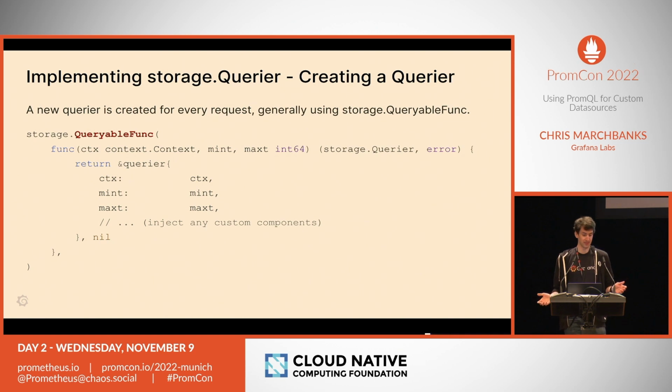So let's start with how you actually create these queriers. Something interesting about the PromQL API is you actually create a new querier for every single request. The querier gets created from a few different things: a context, and a min time and a max time for your query, so you know what sort of data ranges you need to be fetching data for.